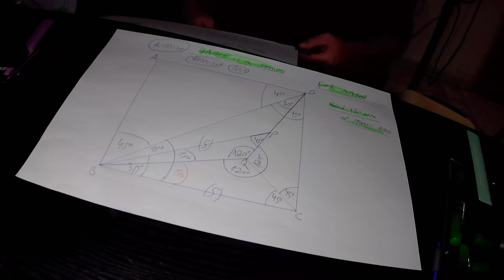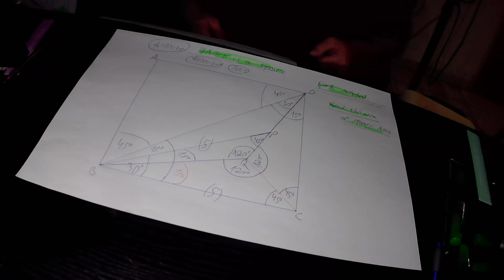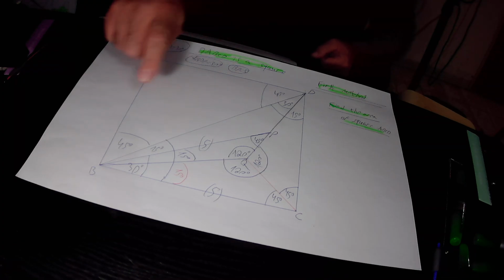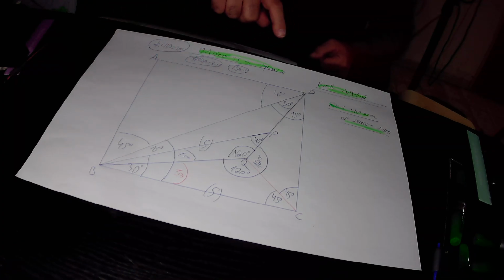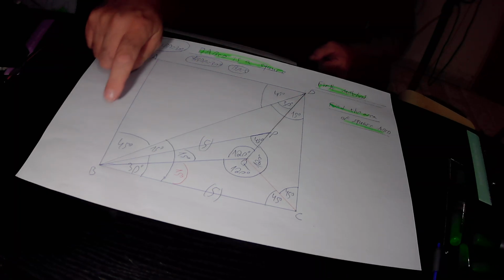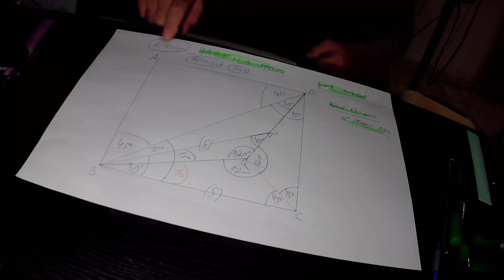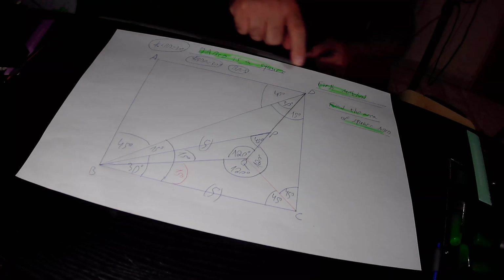First of all, we know that the diagonals of a square bisect the angles of the square. Diagonal DB of square ABCD bisects angle ADC.